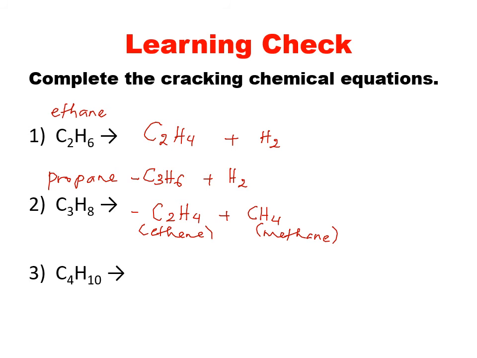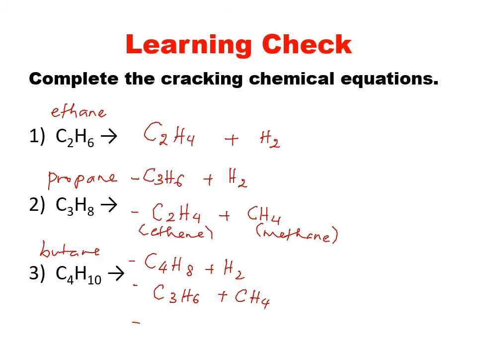All right, we're going to look at the final example, which is butane. You can do it as with the previous ones. For example, you want to get butene. So butene is C4H8 plus H2. And then you can try to get, for example, propene. So propene is C3H6, and if you do the subtraction, you will get methane.